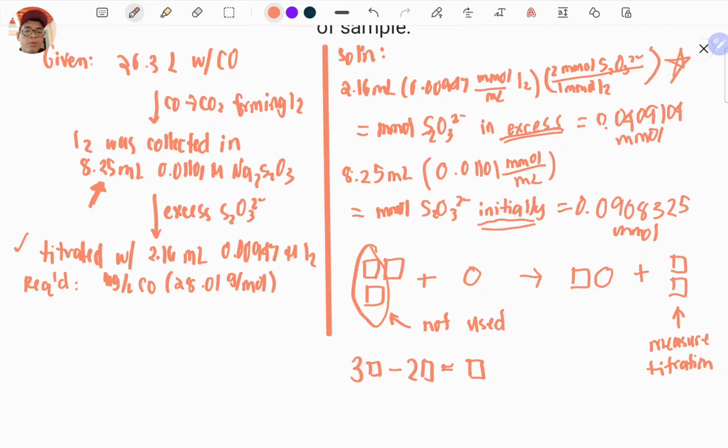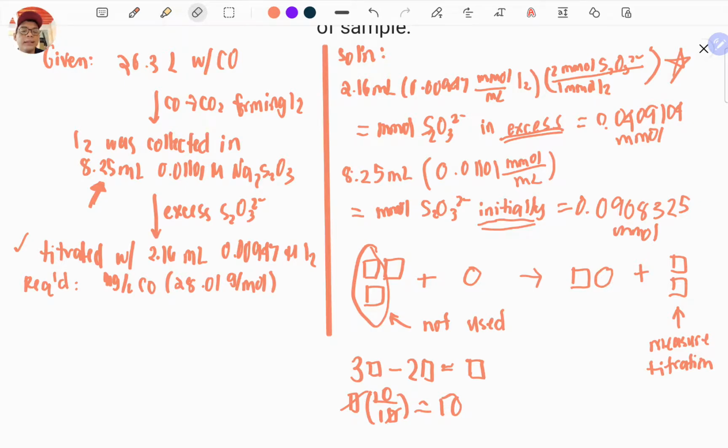But we also know that 1 square can be converted to 1 circle. Alright? So, through these logics, I can convert my thiosulfate back into iodine, which I can convert back into carbon monoxide.